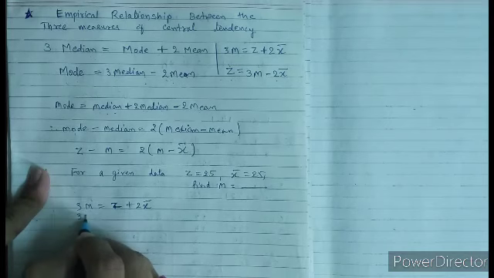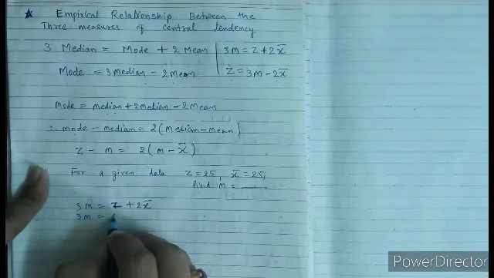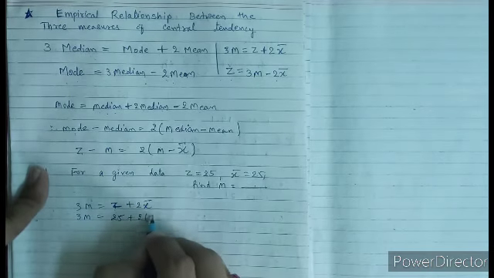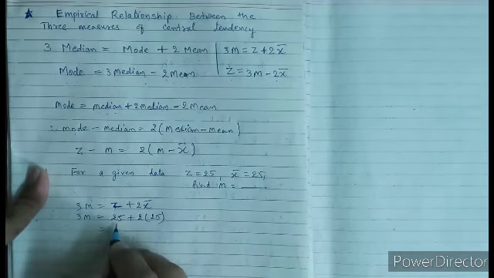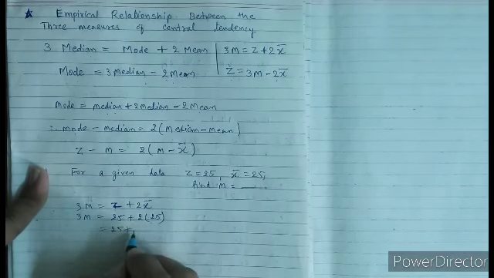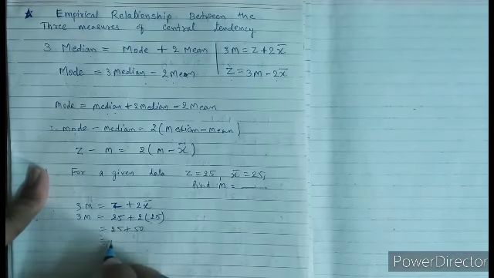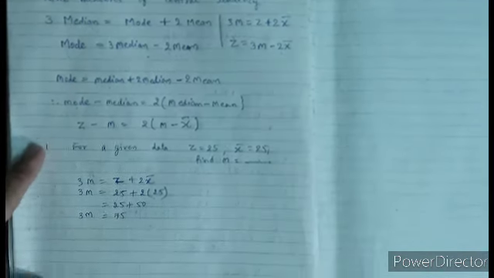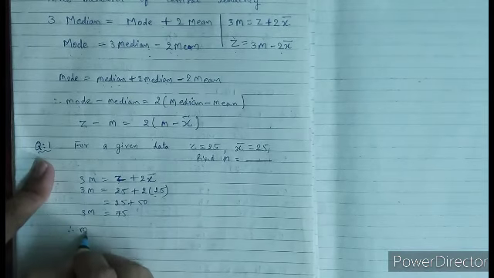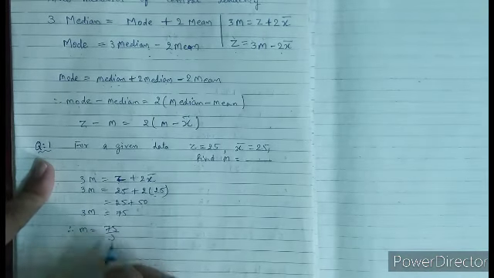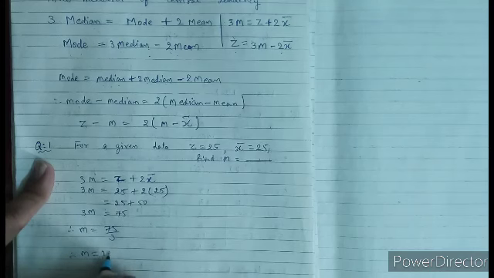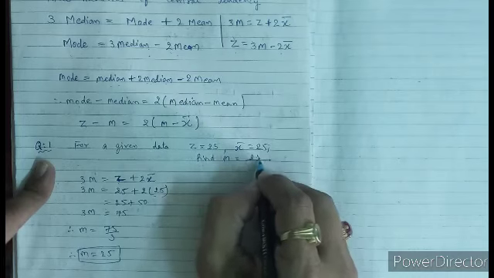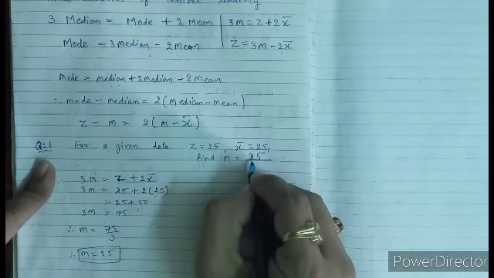So 3 into median equals z, which is 25, plus 2 into x bar, which is also 25. Here 2 into 25 is 50. 25 plus 50 is 75. So we get 3 into median equals 75. We want median, therefore m equals 75 divided by 3. Therefore m equals 25. This is the answer of this question.